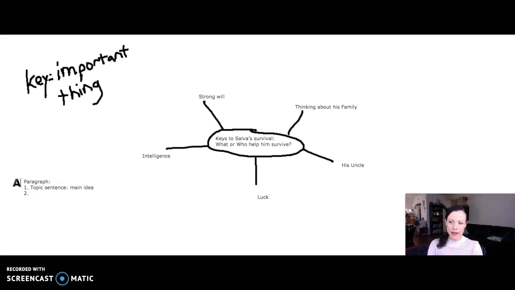But then we have some body sentences in the middle that I'm calling main support sentences. So if I'm asking you to write about the keys to Salva's survival, each key would be a main support. And then the third thing that you need is examples or details.